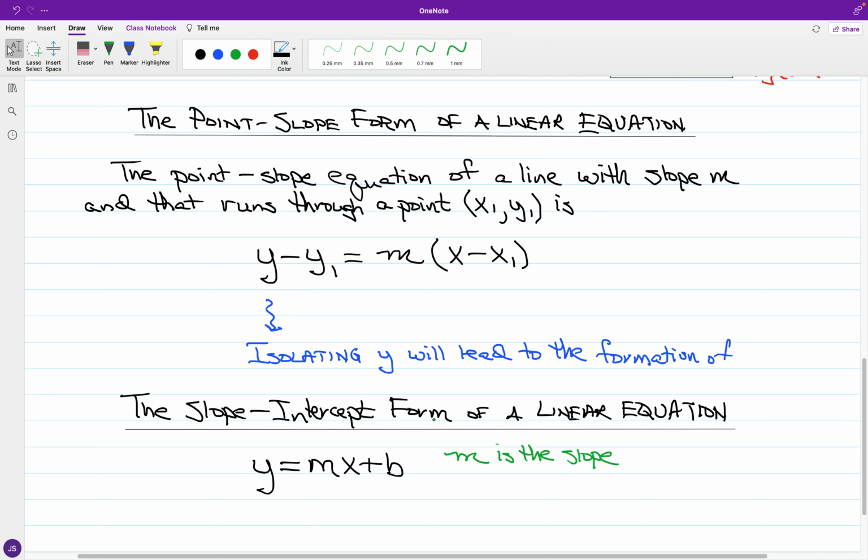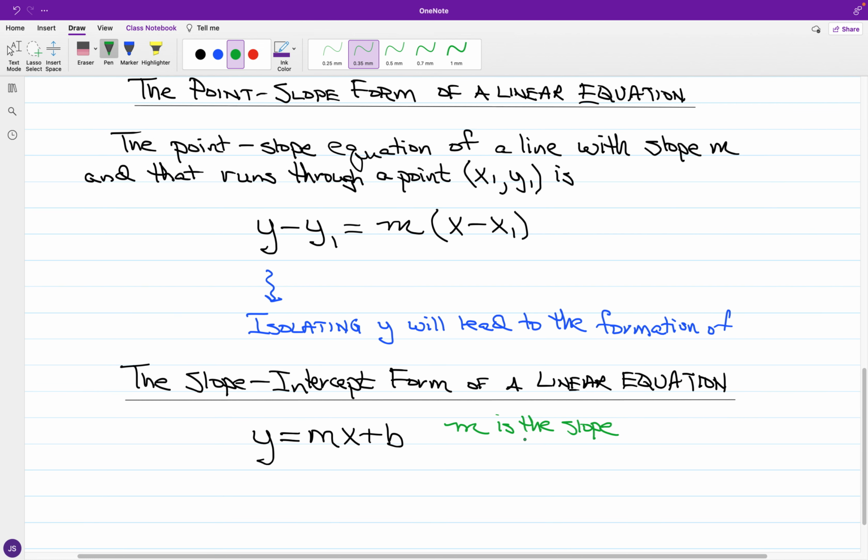And the intercept part of the slope-intercept form is referencing the y-axis. So that b part indicates what the y-intercept will be, and this intercept can be identified in at least two different ways.